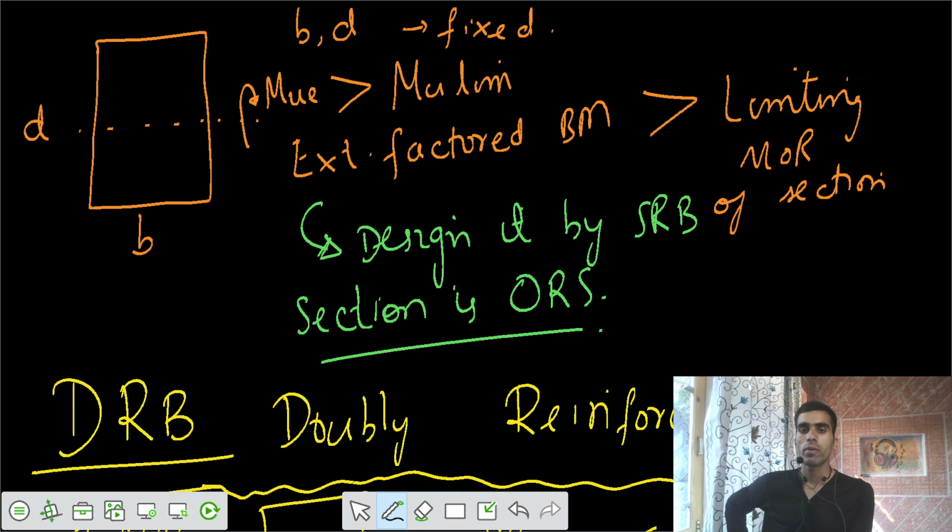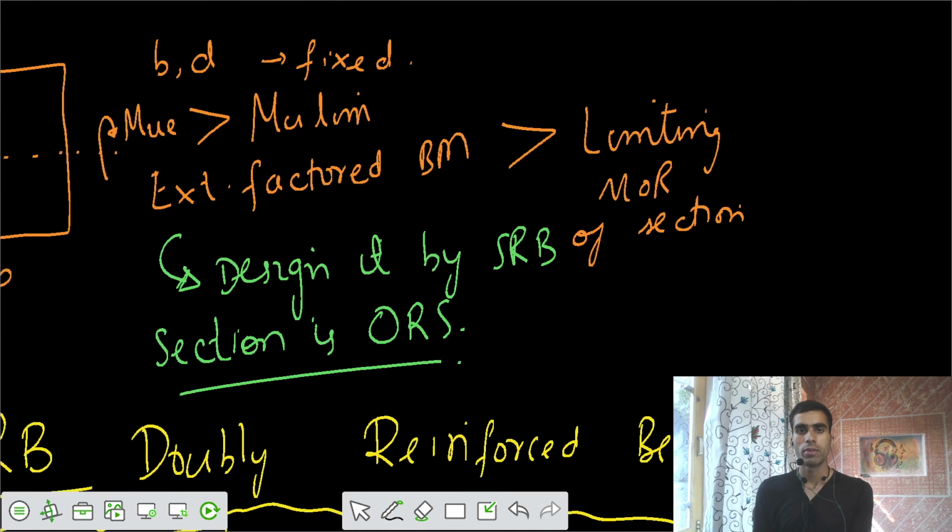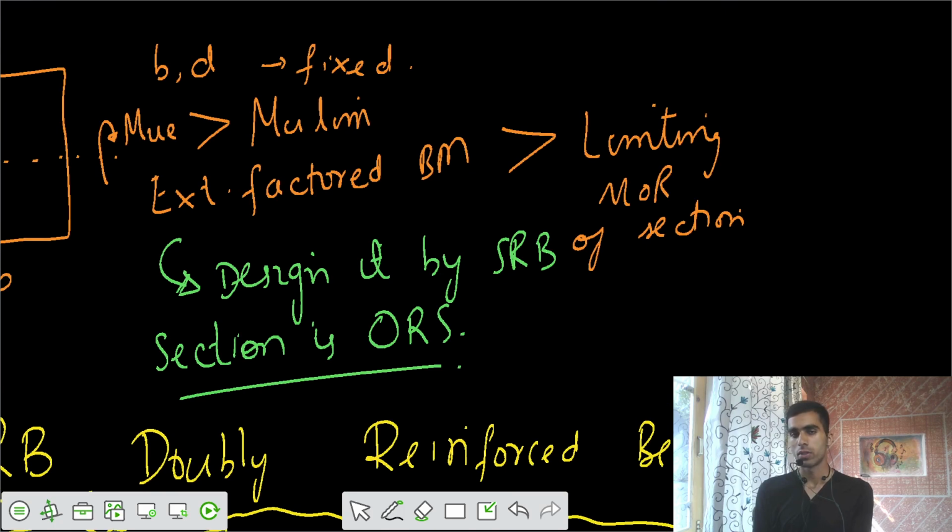And how can we get a URS section if the applied moments are greater than the limiting moments? There's a 100% chance that the section would become over reinforced if the beam was a singly reinforced beam.